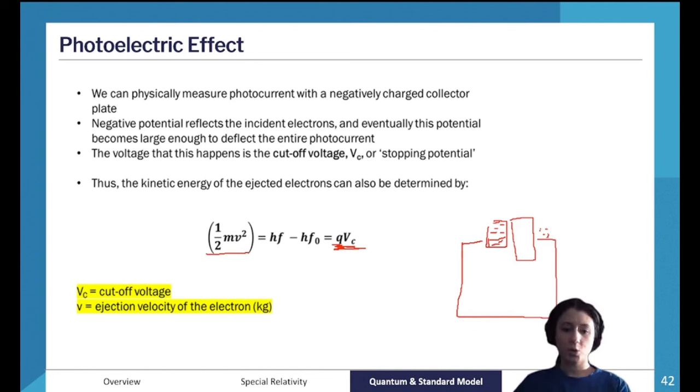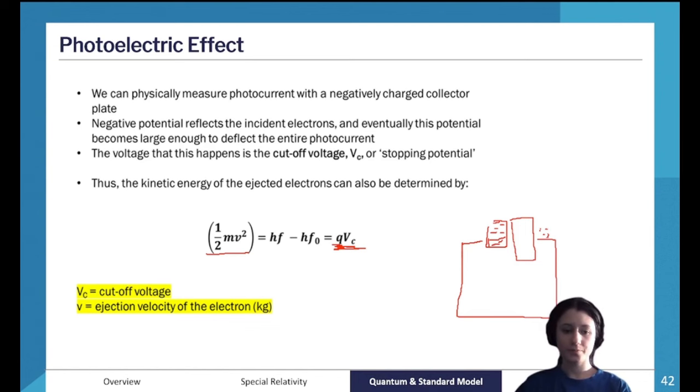I just want to quickly get into an important thing that you need to understand about the stopping voltage. So typically you see a graph of the stopping voltage, and you just need to understand what values actually affect the stopping voltage and what don't.